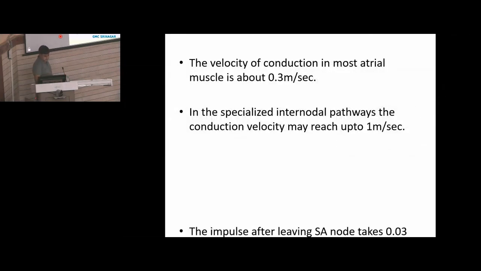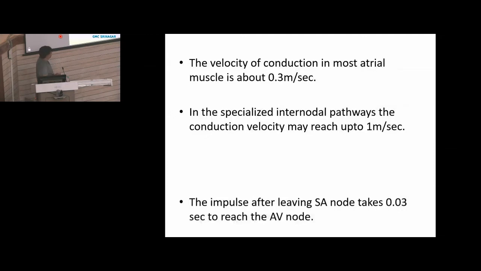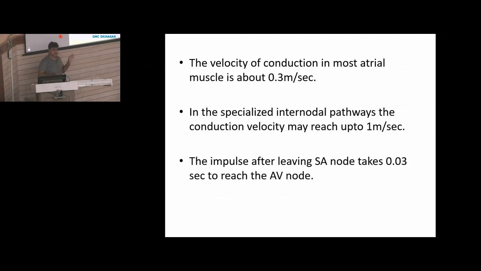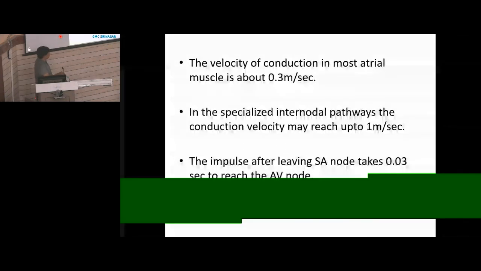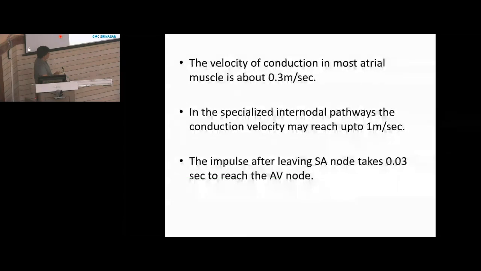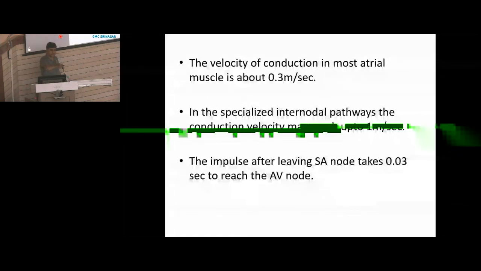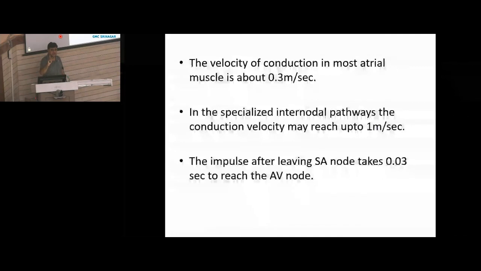Now another question: how much time does the impulse take to reach the AV node from the SA node? 0.03 seconds. Once the SA node generates the impulse, it reaches the AV node within 0.03 seconds.